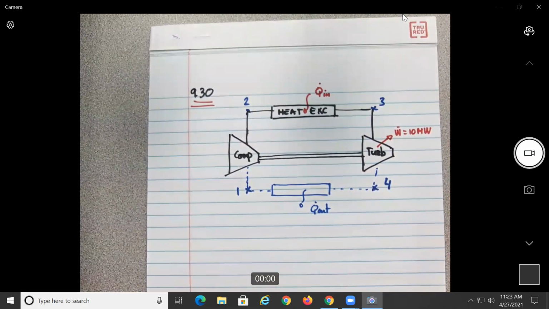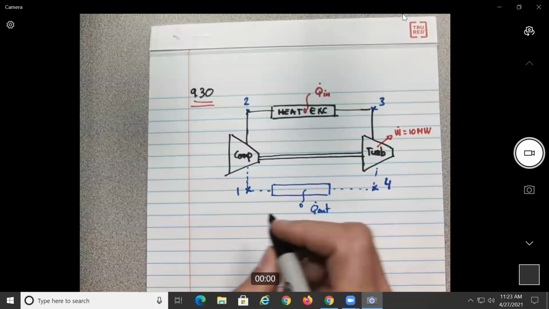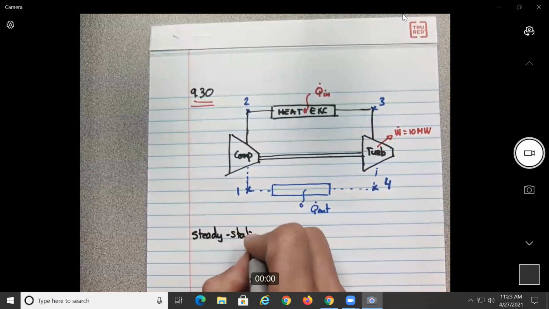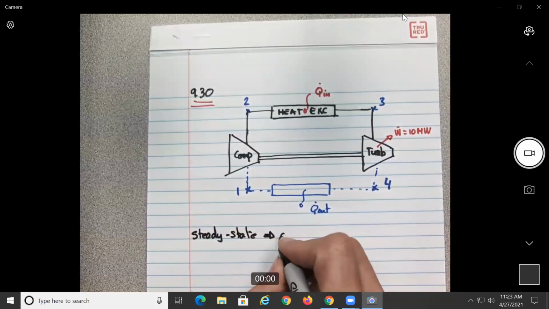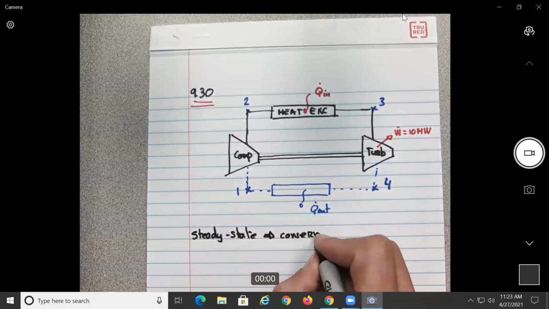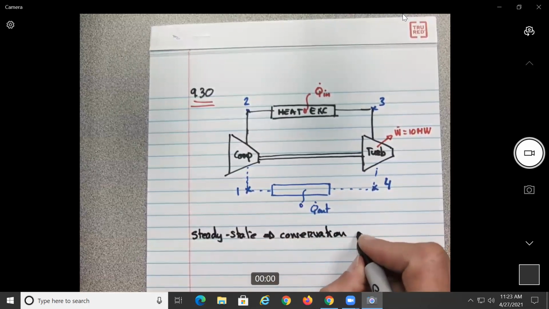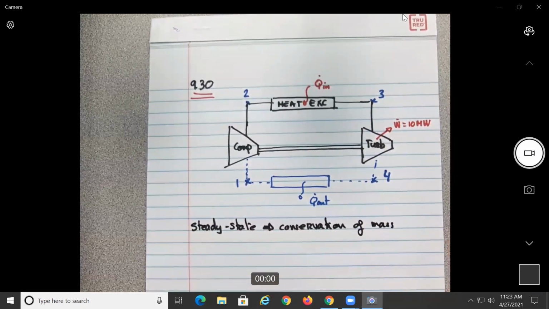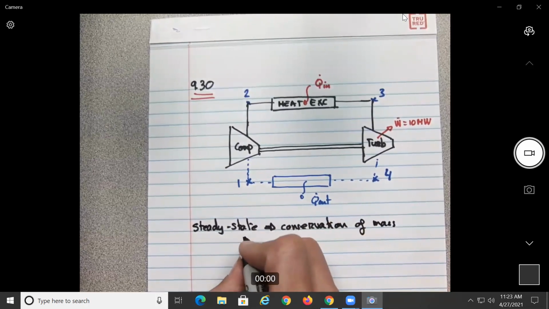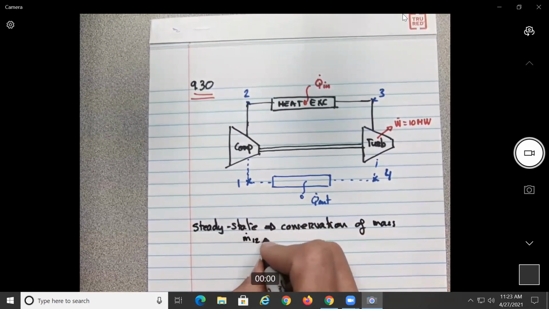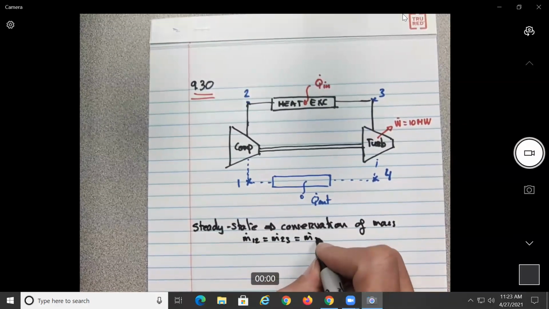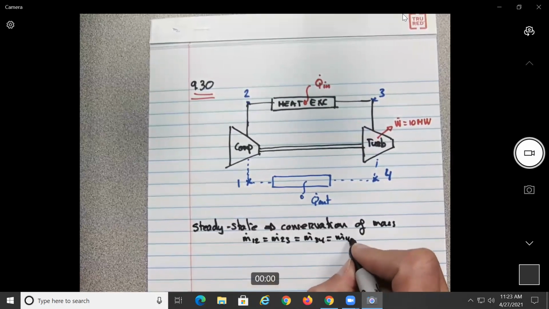Okay, so basically, over here we could say, for steady state, that implies conservation of mass, which would indicate that m12 equals m23 equals m34 equals m41.